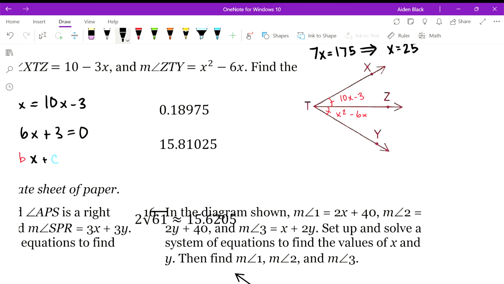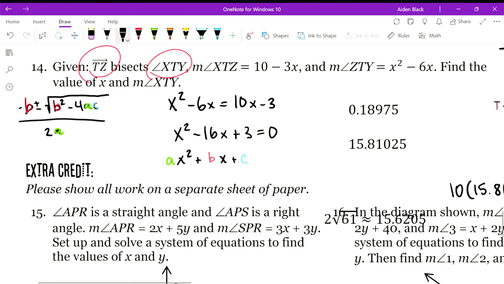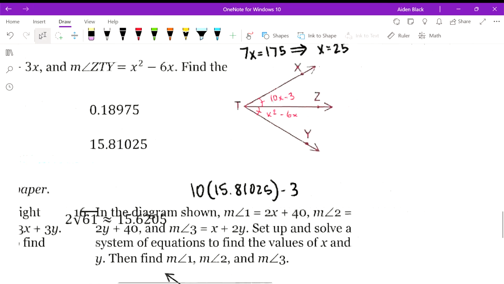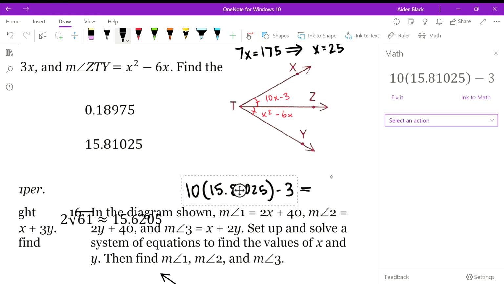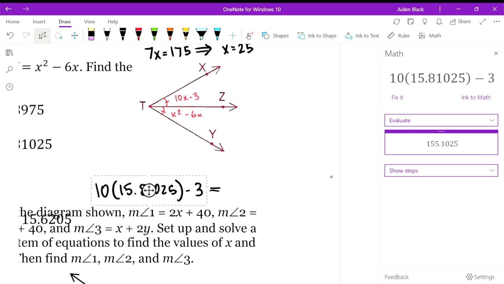So let's do 10 times 15.81025 minus 3. Which equals 155.1025.